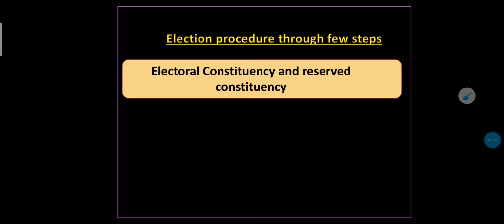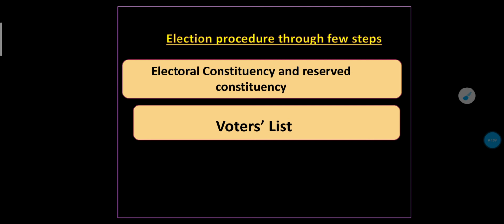Let me tell you the definition of the term constituency. When areas are divided into small parts for the purpose of the election, each part is known as a constituency, and it is known as an electoral constituency. When any particular place is reserved for the election, that is known as a reserved constituency.